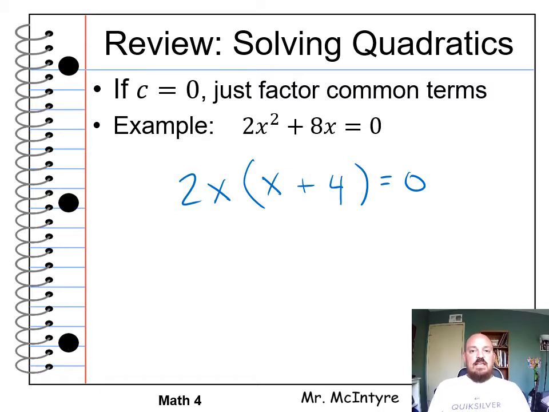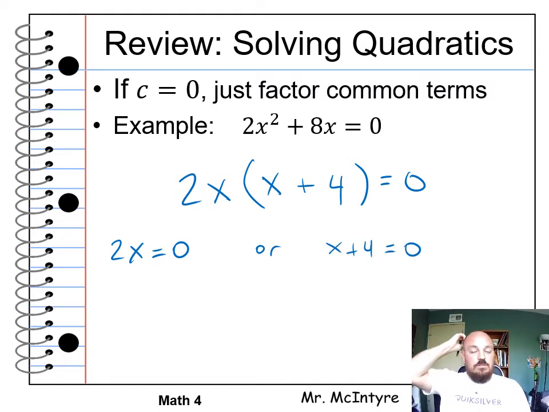And then once you've done that, now remember, you guys learned this in the past, but basically if you have a quadratic and it's equal to 0 and you factor it, you basically just separate and solve. And there's a shortcut to it, but just this once I'll show you the long version. What you're really saying here is either the thing I factored out, 2x equals 0, or the part left over in the parentheses, x plus 4 equals 0.